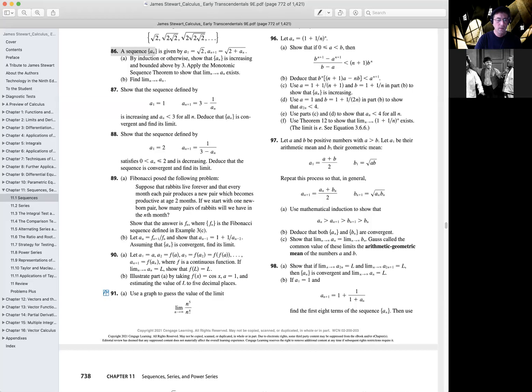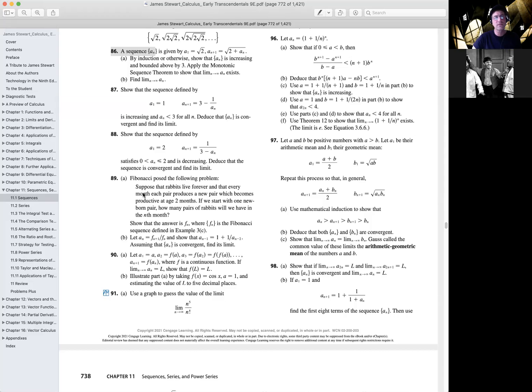So I'd like to now turn to an example or a problem in the text. So let me pull up the text. Okay, so I'd like to draw your attention to problem number 89 in the text in section 11.1 in the exercises section. It says this: Fibonacci, who was an Italian mathematician, posed the following problem.